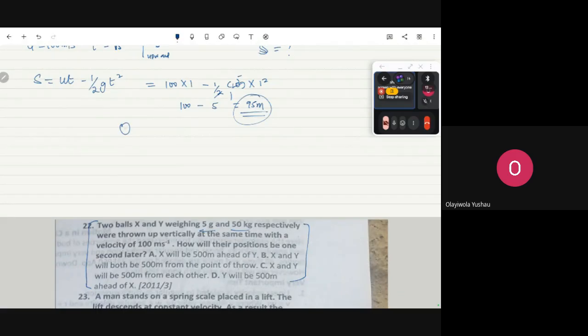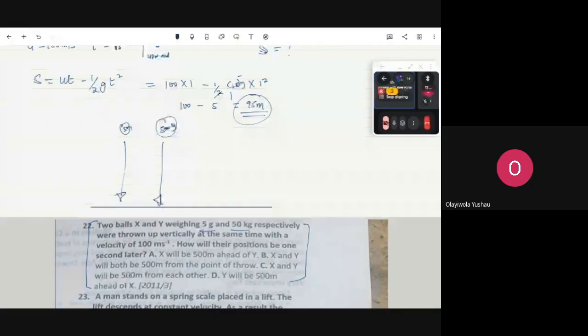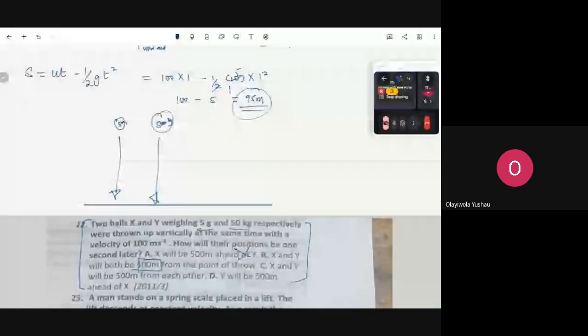If one is 50 kilograms and the other is 5,000 kilograms and you throw them at the same time, they are going to hit the ground at the same time, provided that air resistance is negligible. So this question is testing our understanding that when you release two objects, they are going to come down at the same time.